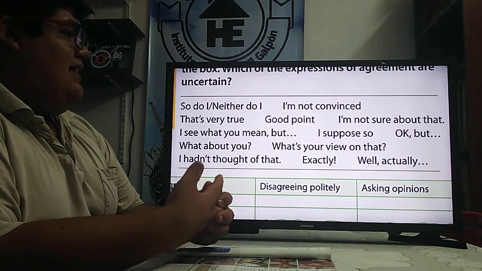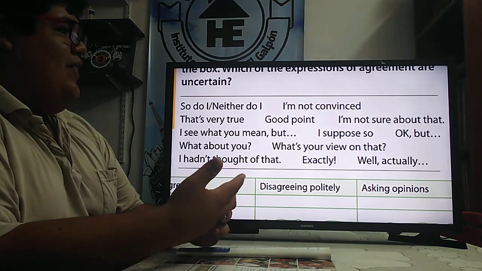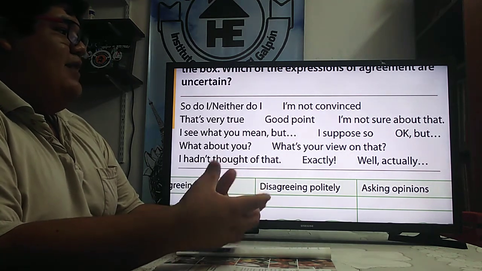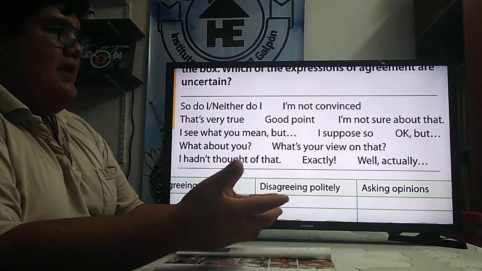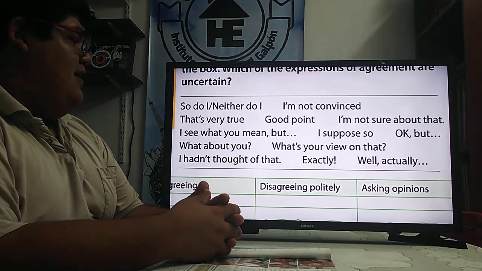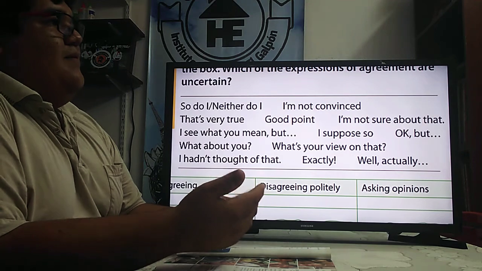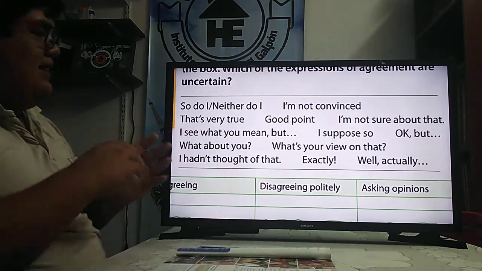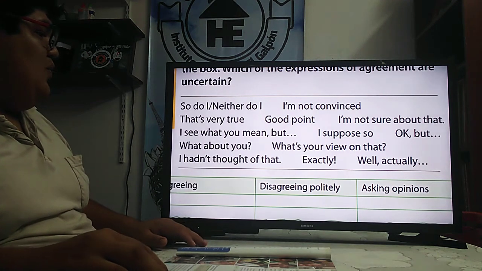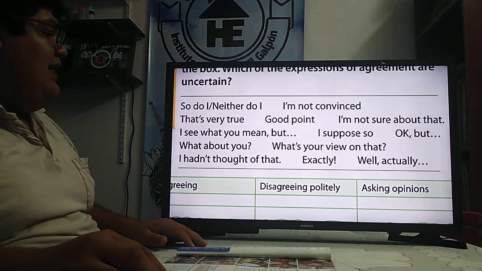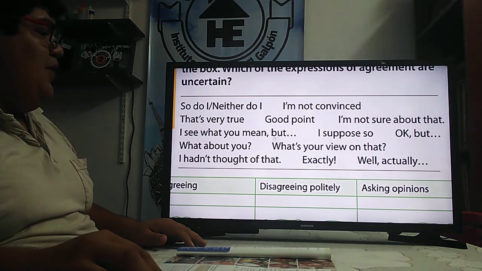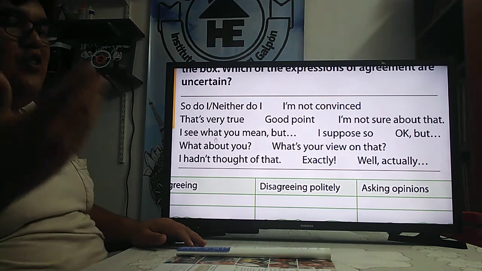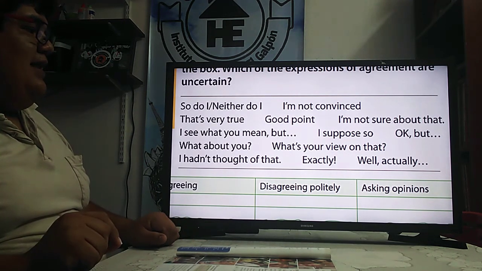That's very true, yes, when you want to show agreement. Good point, again, to show agreement. I'm not sure about that. Well, I'm not sure about that is quite similar to I'm not convinced, okay? I see what you mean, but I think, well, we use this structure, yes, to say that you understand the viewpoint of another person, but you still don't share his or her ideas.